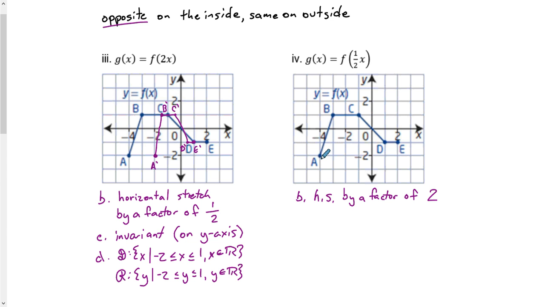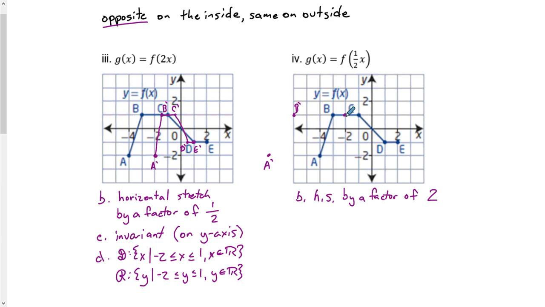So to horizontally stretch by a factor of 2, it means I'm going to make it a lot wider. So the point A, I know my example is not really the greatest because it's over here, but it's 4 over. So I'm going to stretch it to be twice as big here. I'm going to have to do a little bit of an estimate. A prime there. B is 3 over. So to stretch it to be double the size, it's going to have to be 6. C is 1 over.